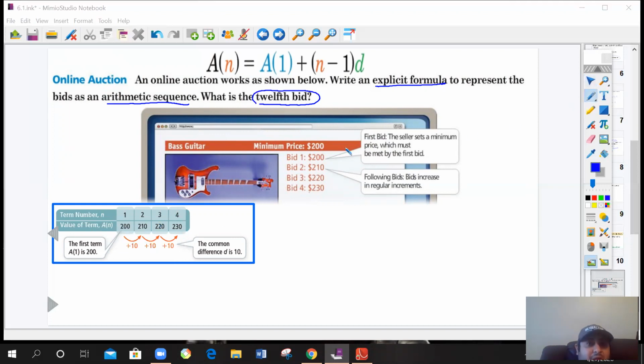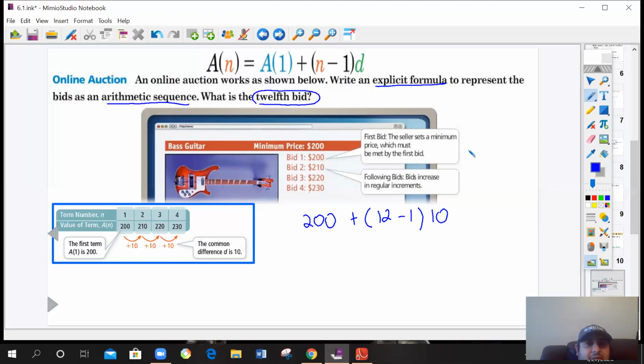So by using the formula on top, A1, which is your first term, is going to be 200 plus, since we're looking for the 12th bid, which is the 12th term, we put 12 and then minus 1. Our difference is going by tens, so we put 10 for your d.